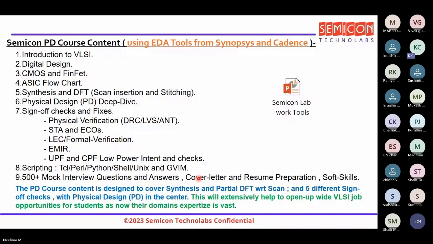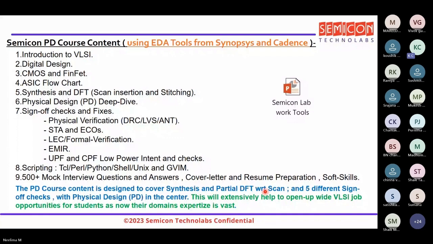Now, the PD course content is designed to cover synthesis and partial DFT with respect to scan, and 5 different sign-off checks. These are the 5 different sign-off checks: 1, 2, 3, 4, 5.